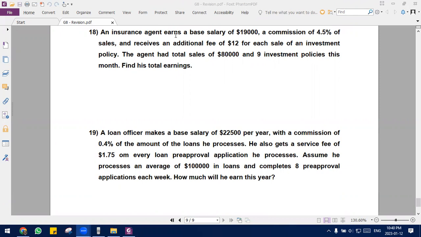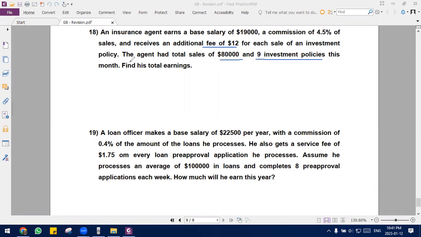Okay, so he has a salary, and he gets commission from sales, and he gets a fee for the investment that he made. Now the agent had total sales of $80,000. This is for the commission, and 9 investment policies in a month. This is for the fee that he is getting also. Now find his total earning.